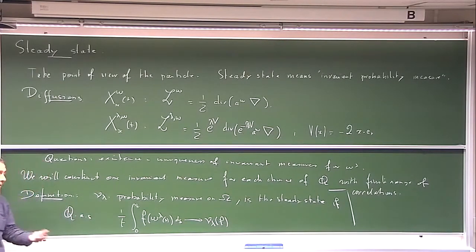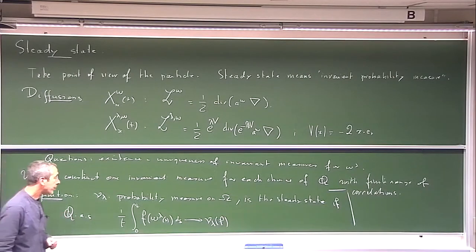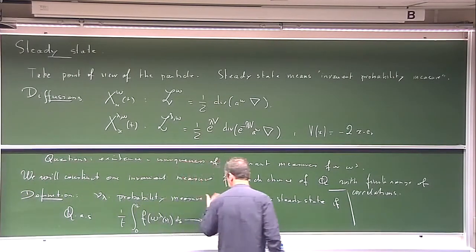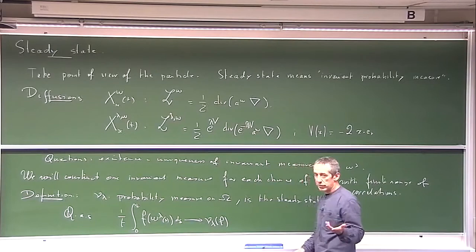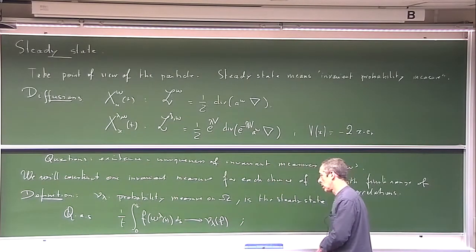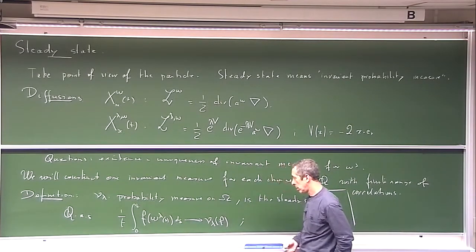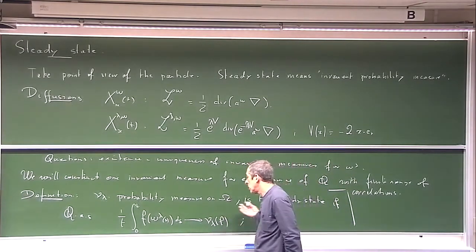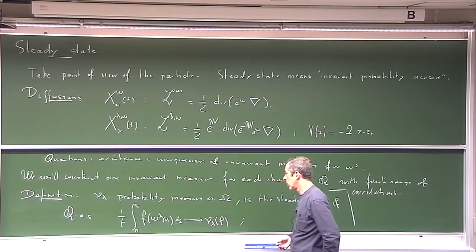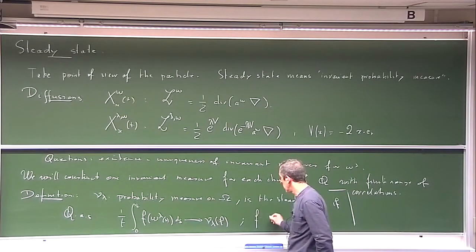So the important thing is Q-almost surely. I mean, everything is important, but in particular, it's important that we ask for the law of large numbers to hold under Q. And this for a certain class of functions, but when we deal with the construction of a probability measure on some space, then it's quite natural to ask this to hold for functions f which are bounded and, say, continuous.